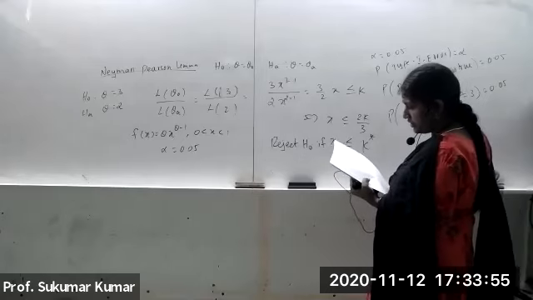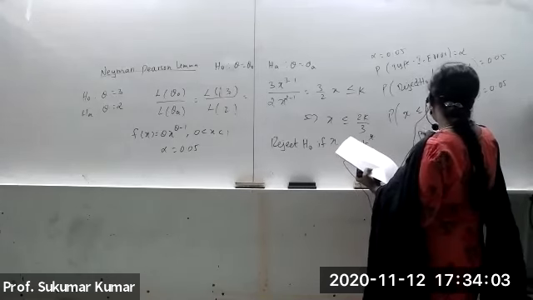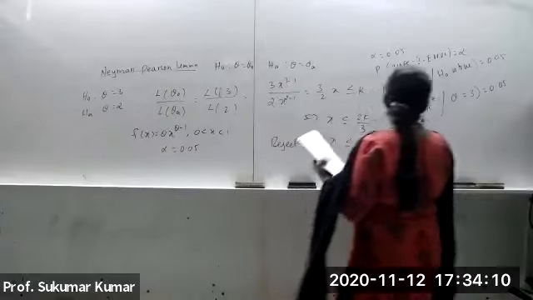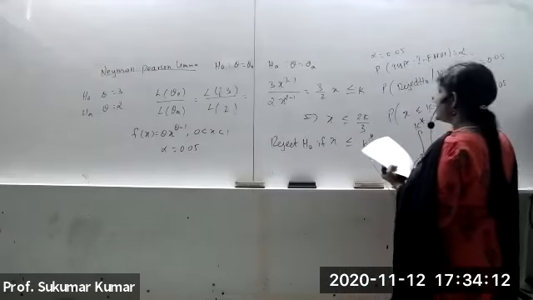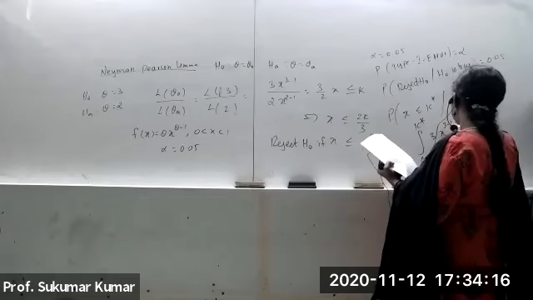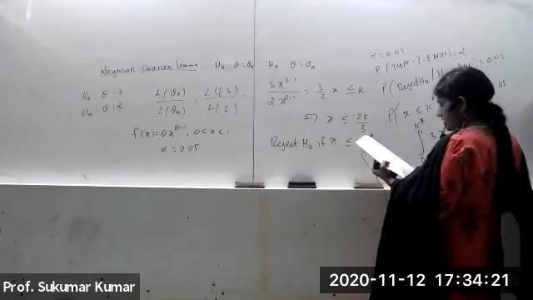This is a continuous distribution, right? Yes, ma'am. So how to find the probability? The upper limit of x is k star, the lower limit is 0, and the PDF is theta x power theta minus 1, with theta value 3, 3x power 3 minus 1 dx, which is equal to 0.05.